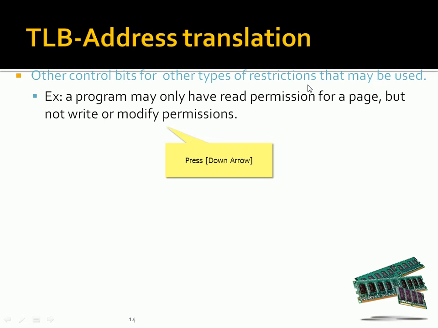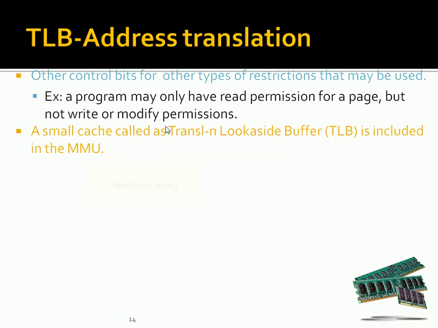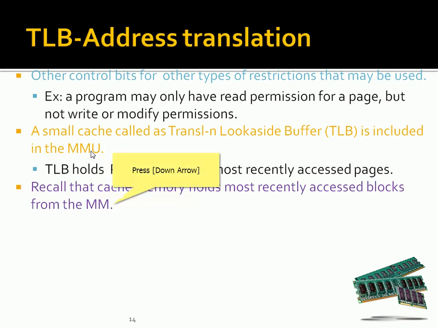A program may only have read permission for a page, but not write or modify permissions. In that case, a small cache called the translation lookaside buffer, TLB, is included in the memory management unit.